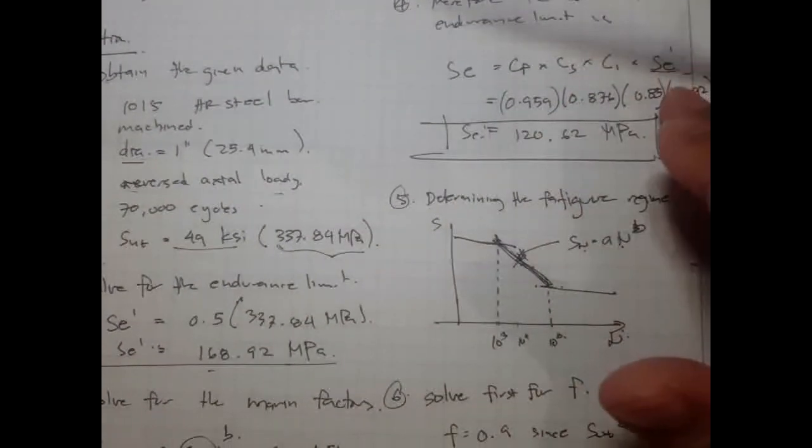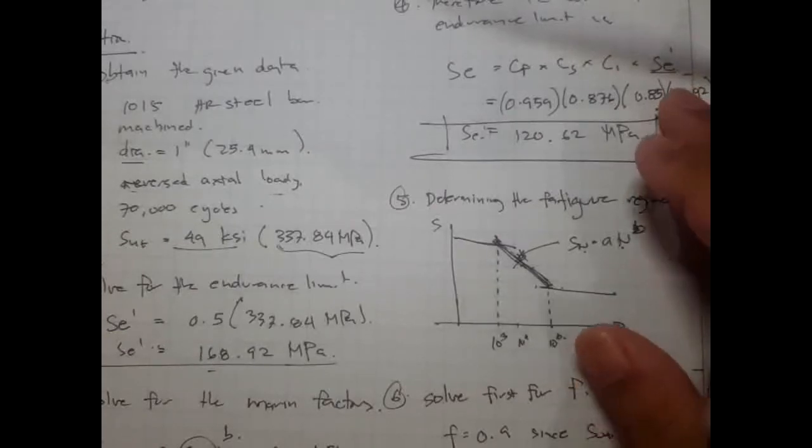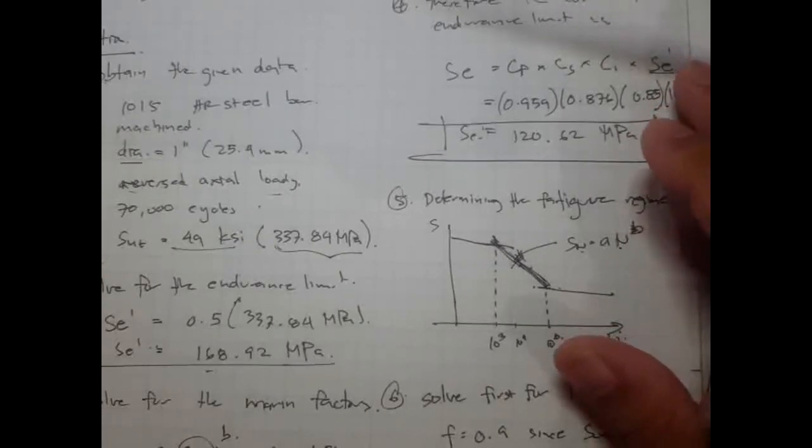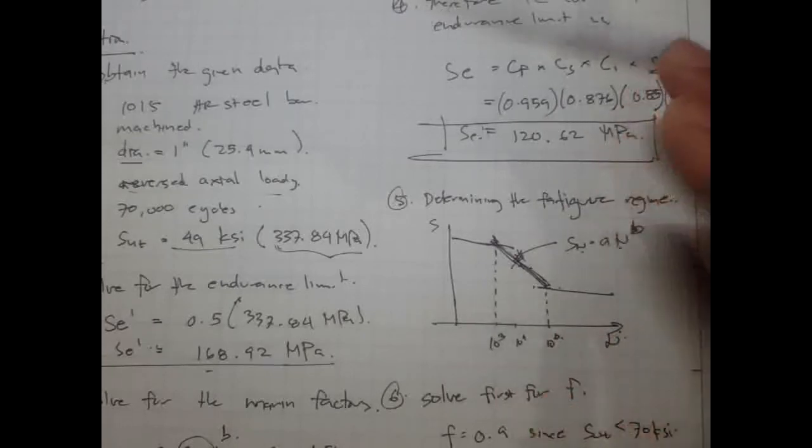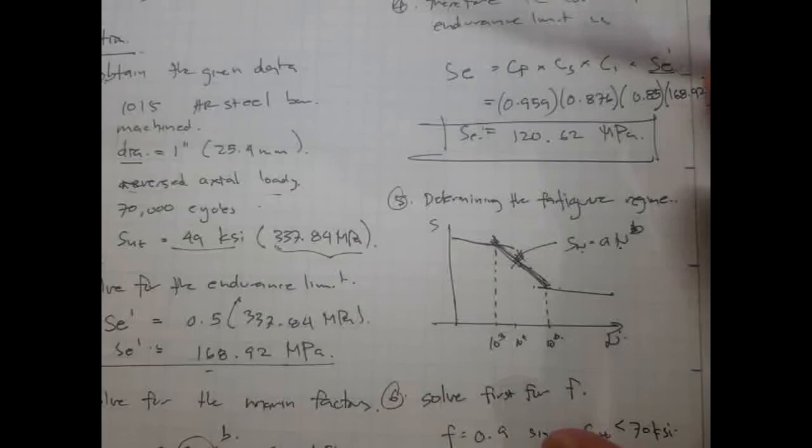I guess that's all for our fatigue loadings. Just take note that we only considered the fully reversed type of fatigue loading, and there's still another type, like I've mentioned, the fluctuating stress.